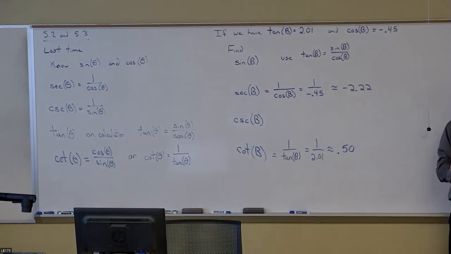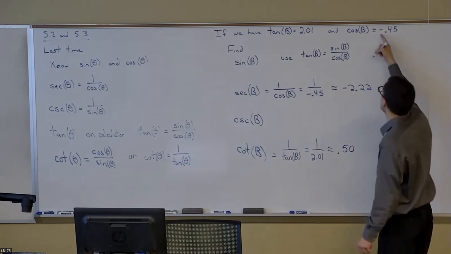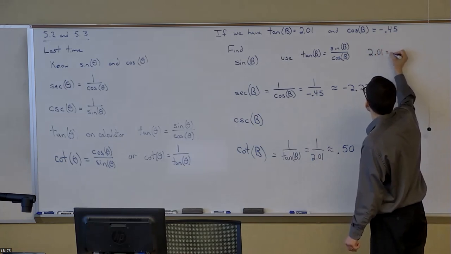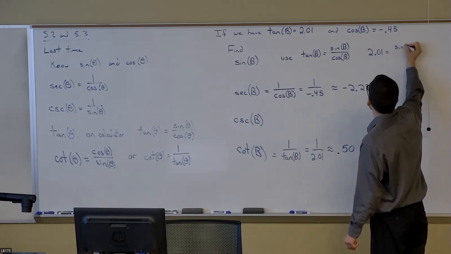Notice that if I plug in my value for tangent as 2.01, and my value for cosine as negative 0.45, I get 2.01 is equal to sine of B divided by negative 0.45.